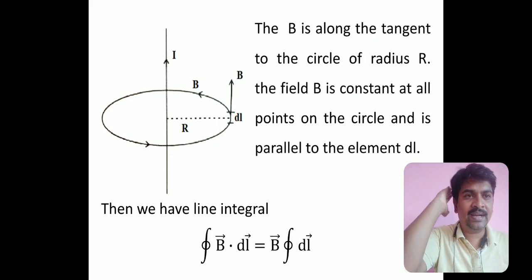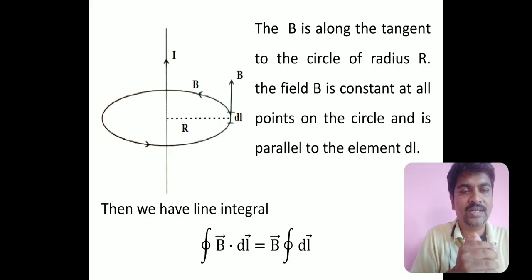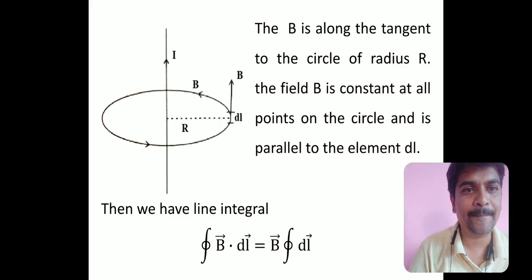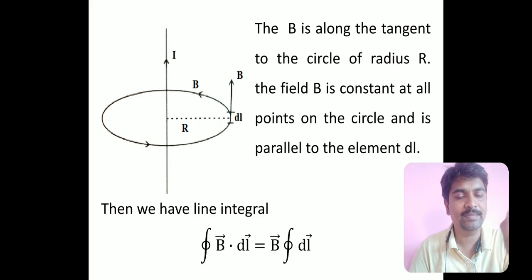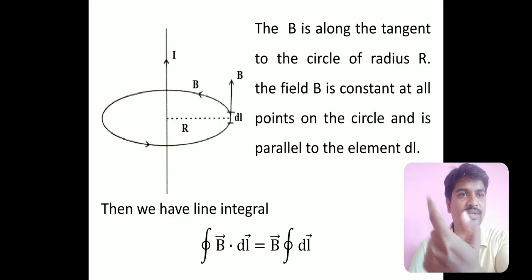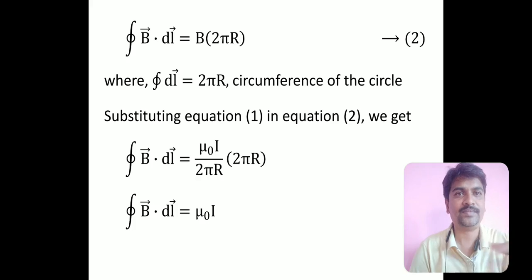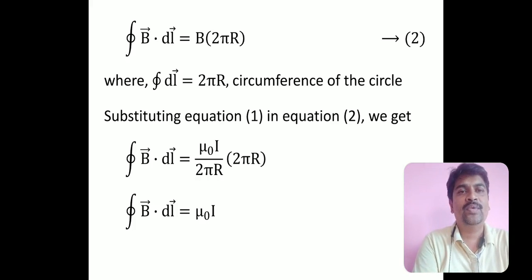Now I can apply, I'll find out the line integral of B dot dl. This line integral of B dot dl is equal to B times the line integral of dl, because B can come out of the integral, since the magnetic field is the same all around the circular closed path. Now what is the integral of dl?